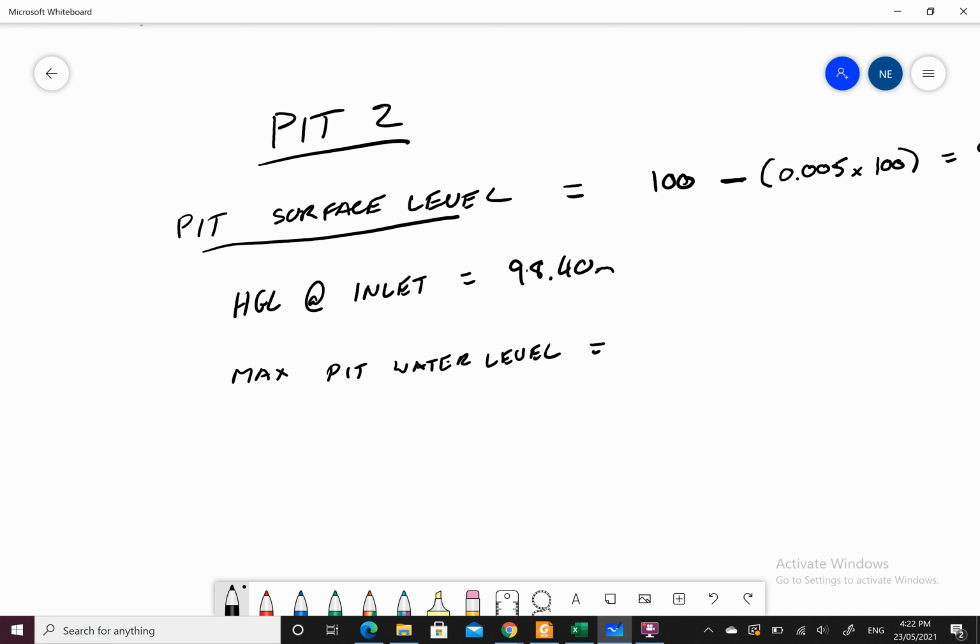So that is going to be 98.40 subtract 0.3 subtract the diameter of my pipe, and that ends up giving me 99.05.